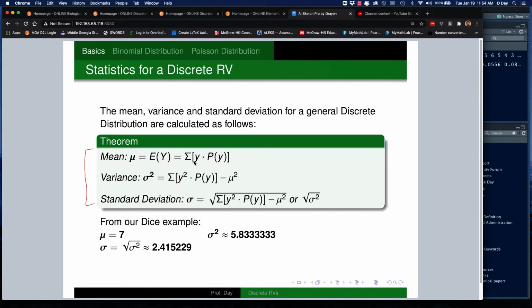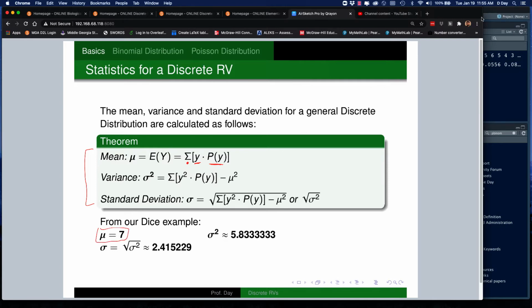If we're looking at the formula, you've got the summation, that's what sigma stands for, of each of the values for y, in other words the 2 through 12 in our die problem, and you multiply each one of those by the probabilities associated with each one, and then you sum those together, and that should give us the value of 7.